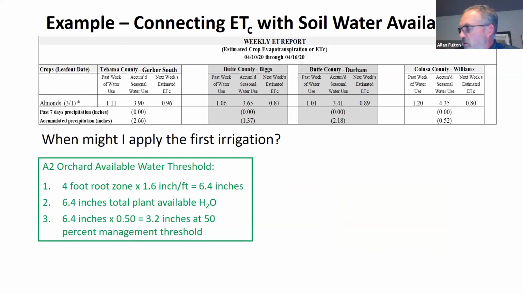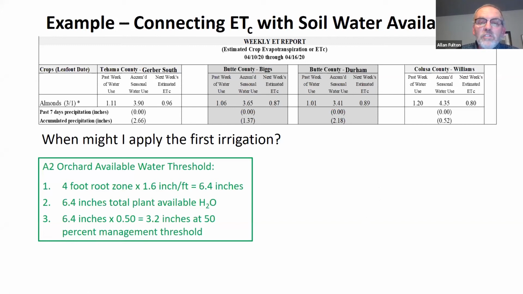So one of the key points of this presentation is to make the connection between our ET reports and the soil water availability and the soil perspective. Now I'd like to take you through a hypothetical example of how to use these reports. I guess I shouldn't say too hypothetical.